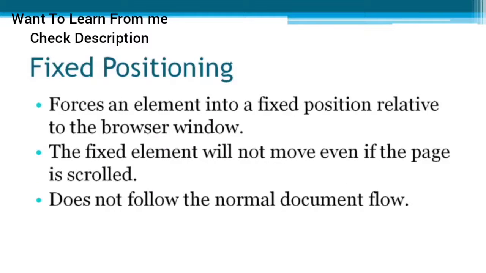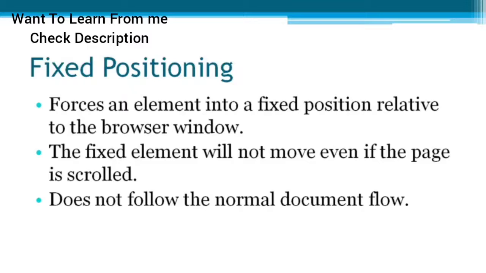Now the next is the fixed positioning. As the name indicates, it's going to be fixed and it will take reference with respect to the browser window. So it will force an element to fix itself relative to the browser window, and the element will not move even if the page is scrolled. And it does not follow the normal document flow.